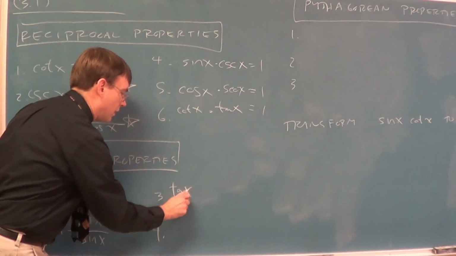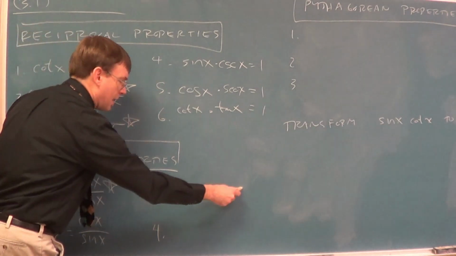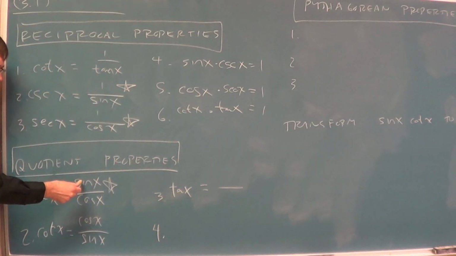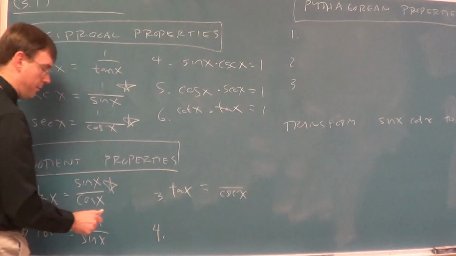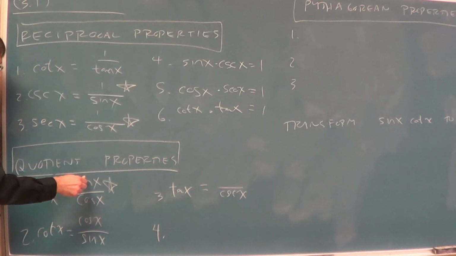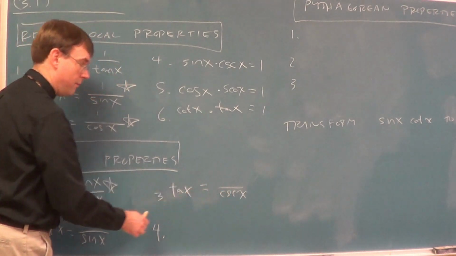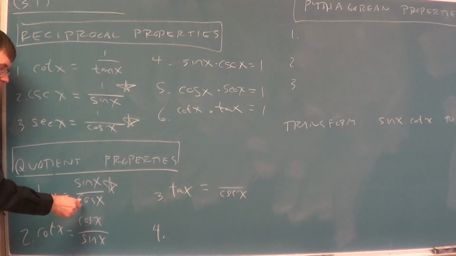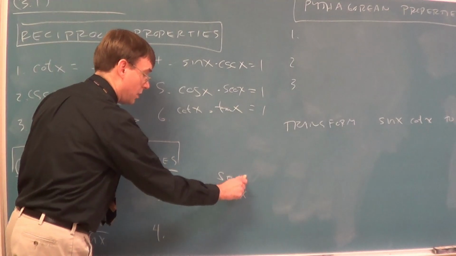There's another way we could do tan. I'm going to base the logic off of this one. A sine on the top is equivalent to a cosecant on the bottom, because sine and cosecant are reciprocal friends. So instead of a sine on the top, I could do a cosecant on the bottom. Therefore, instead of a cosine on the bottom, I could do a secant on the top.